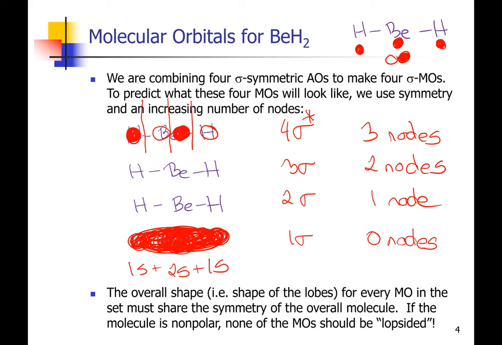So what should 2 sigma look like? Well, it has 1 node, and the molecular orbital has to be symmetrical in shape, so that means the 1 node has to go down the middle, which pretty much means we're going to be starting with our 2pz atomic orbital on the beryllium, because that's how to introduce that node, and then we're going to be combining it in phase with the 1s orbitals on the hydrogen. And that's going to give us something that looks like this.